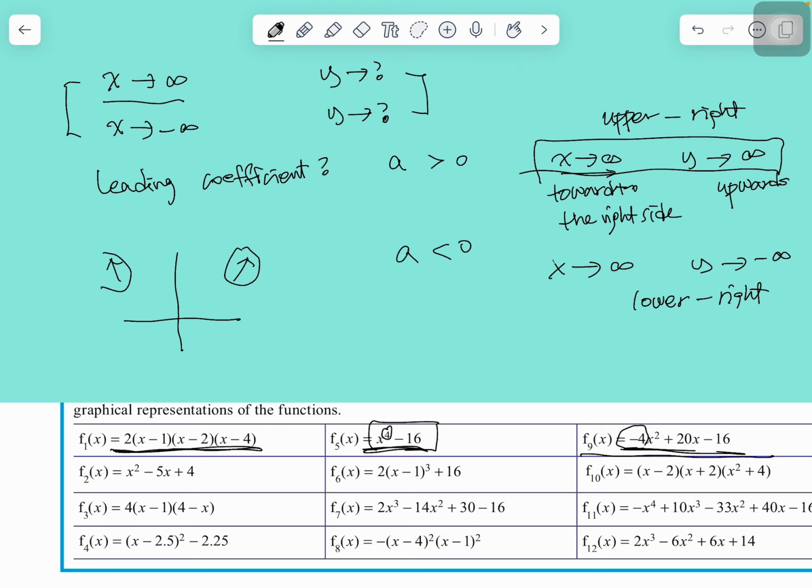Both sides, y behaves the same way. This is the even degree polynomial behavior.